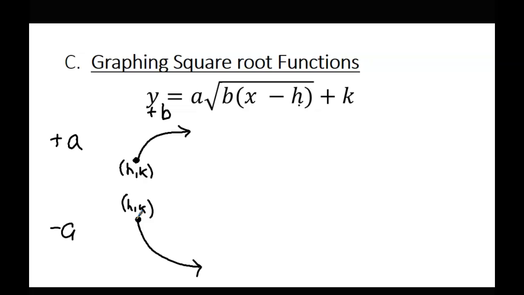It's going to flip it sideways. So if you have a negative b but a positive a, it'll look like this. And if they're both negative, then it gets flipped sideways, and then it gets flipped upside down.